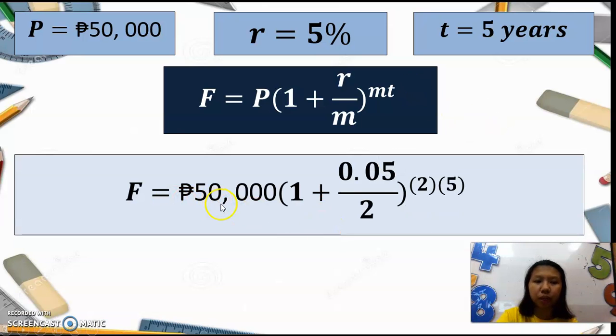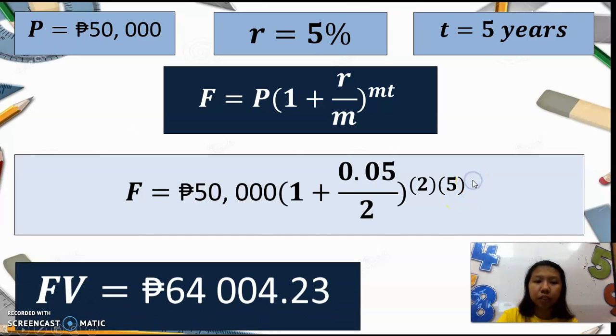So for example, the principal amount is 50,000. So 50,000 times the quantity 1 plus 0.05, which is the conversion of 5% to decimal, divided by the number of compoundings, so we have 2, and then raise it to the number of compoundings multiplied by the number of years.